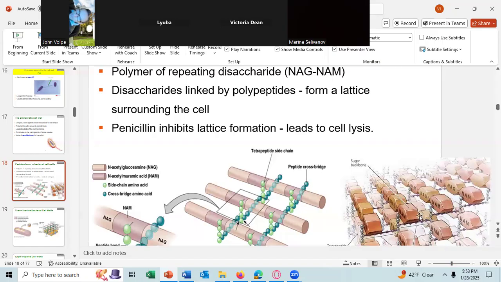Then you can link this peptide to that peptide by putting in another short peptide chain, and that will link that chain to this chain. Penicillin inhibits the lattice formation. It will prevent the polypeptide from forming right here in between this polypeptide and that polypeptide, holding this NAG and NAM chain to that one.